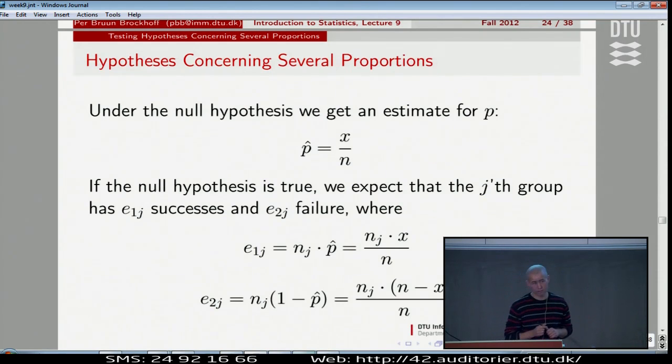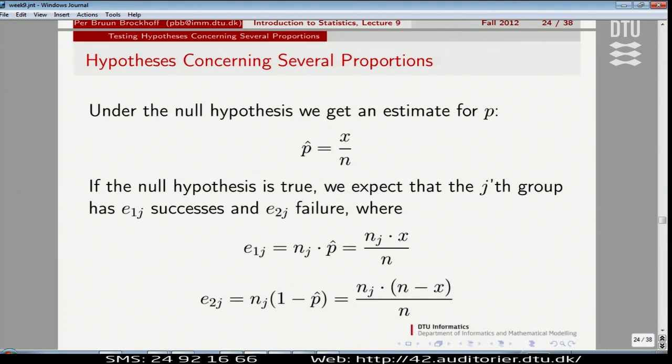Here comes the story now. It's a generalization of the idea I told you before the break, where we should start thinking about what we could expect, or what we should expect, if the null hypothesis is really true. Now, I compute, that is a repetition, the joint proportion across all groups.